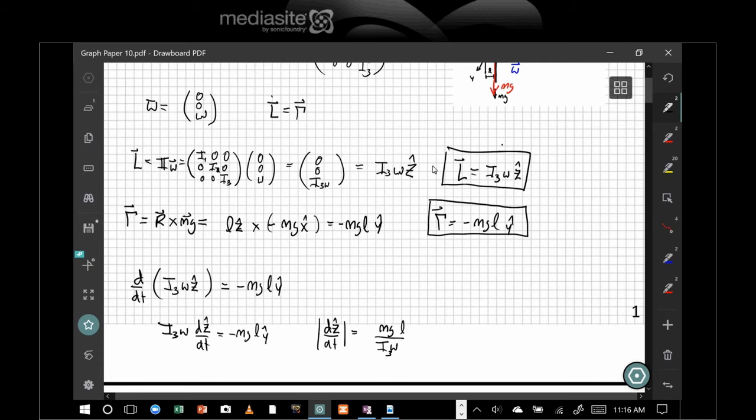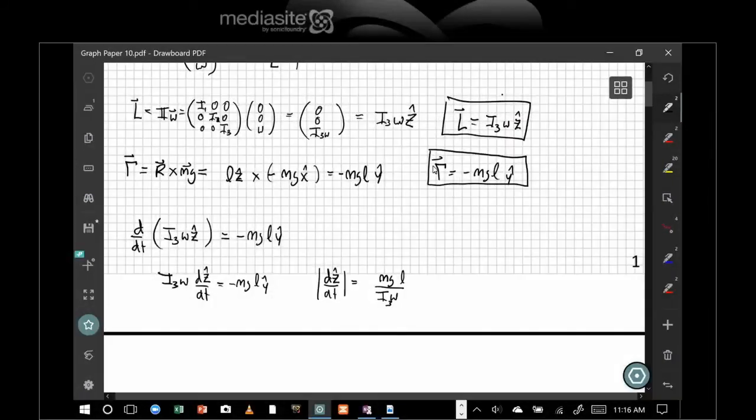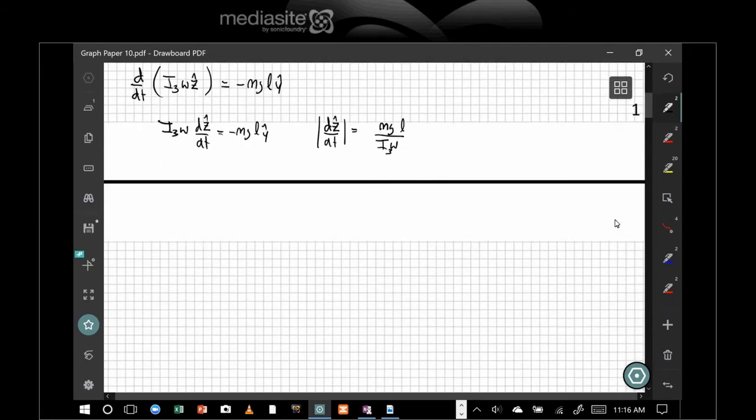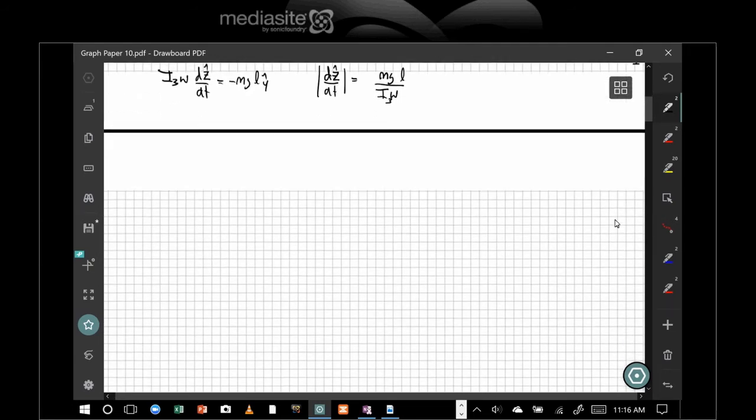Now, let's take a look at that. Previously, when we talked about non-inertial reference frames, we said that if I have the rate of change of a position vector, I can always say that's equal to some angular velocity, capital omega, cross the vector itself.